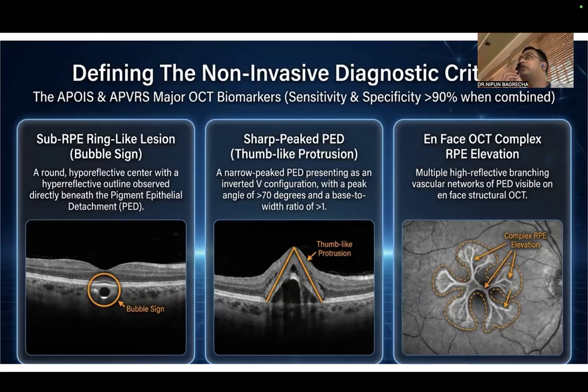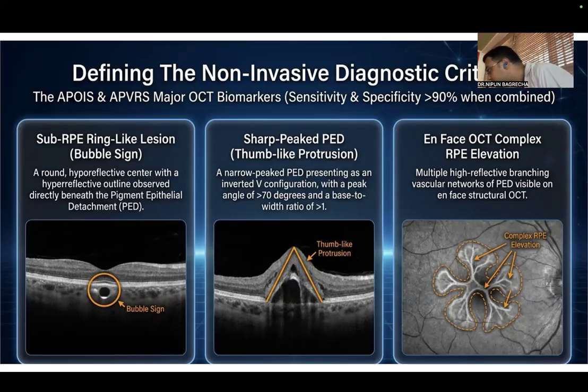We have seen the PED pattern very frequently, this tall thumb-shaped PED and the multilobular PED. We have injected two or three patients also, and they are doing very well with the three loading doses.